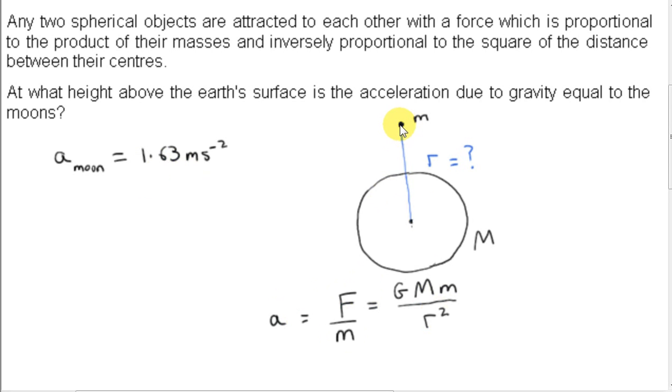So that's F equals ma for this mass. So we divide this by little m, and of course the little m's cancel out. And what do we want? We want little a to equal 1.63.